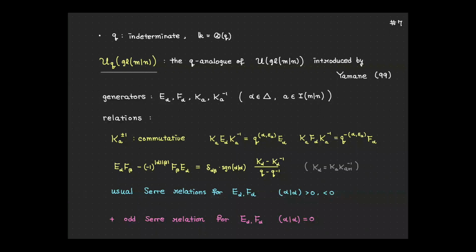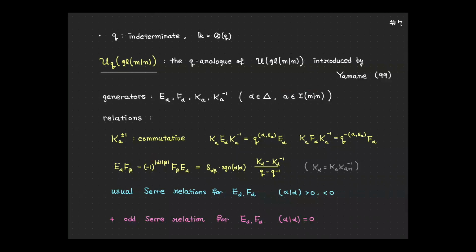Its definition is very similar. We have Chevalley generators corresponding to each simple root. And since we are considering the general linear case, the Cartan part is generated by parameters from the basis of the natural representation, K_a, and the relations are very similar. The yellow ones are almost the same, and the only difference is that when we consider the relation, we have to consider a sign depending on the parity, and also there is some other sign.